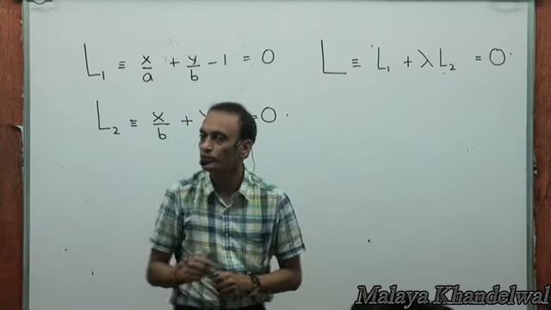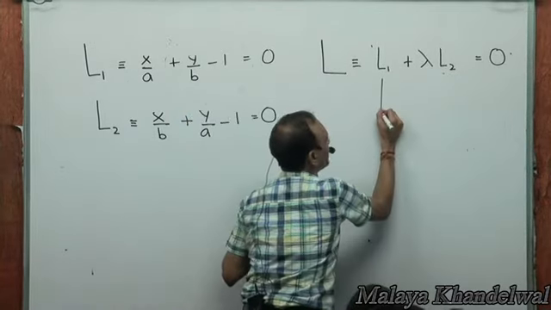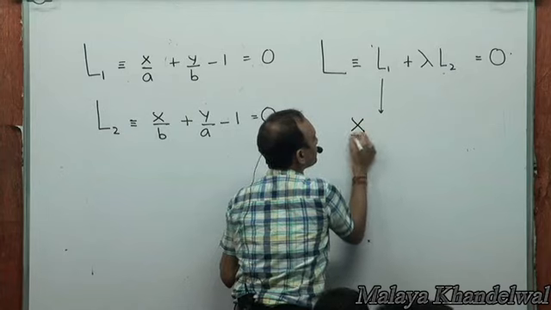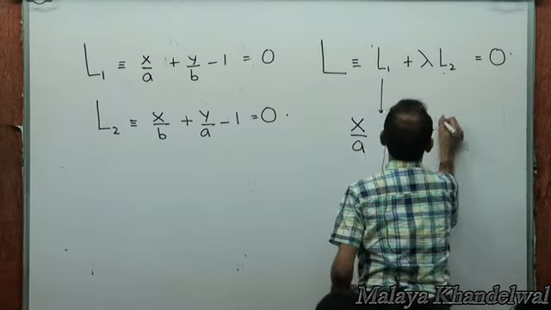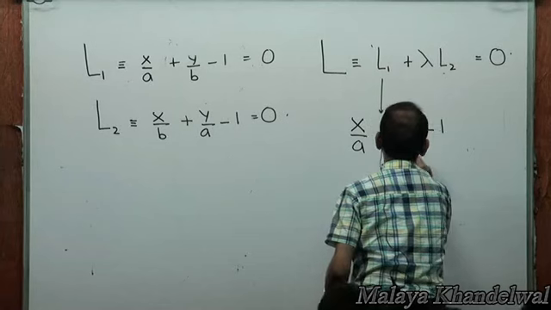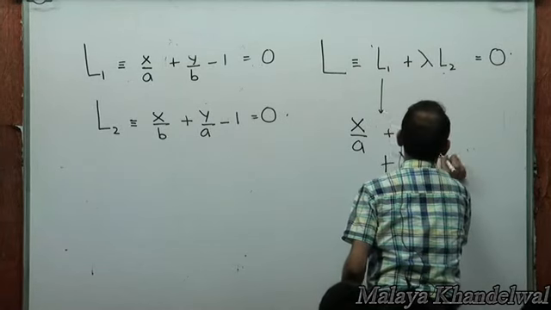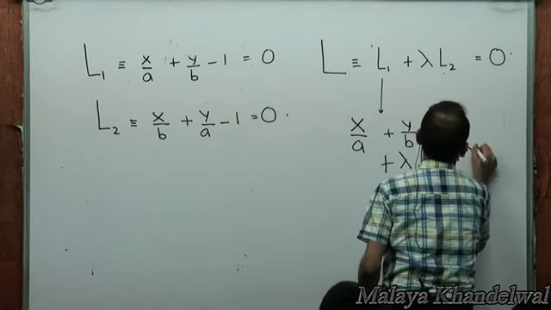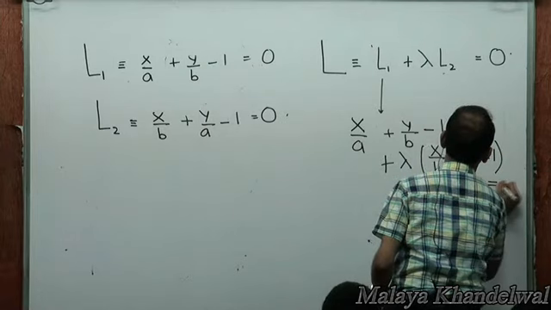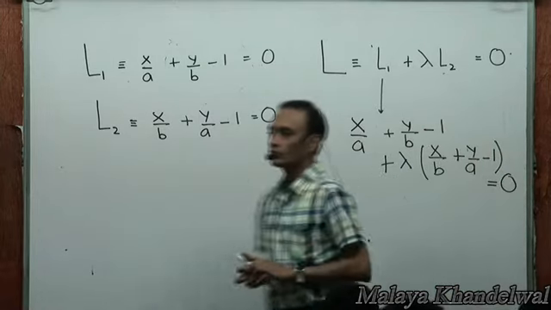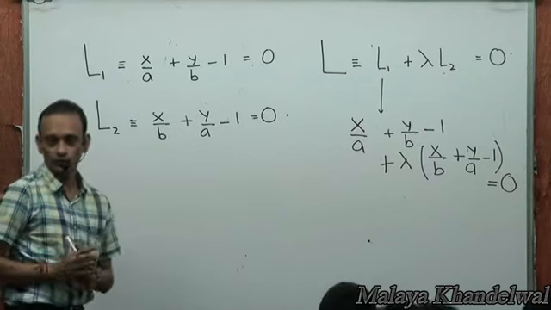Yes or no? Right? So the variable line L is x/a + y/b - 1 + λ(x/b + y/a - 1) = 0. Yes or no?